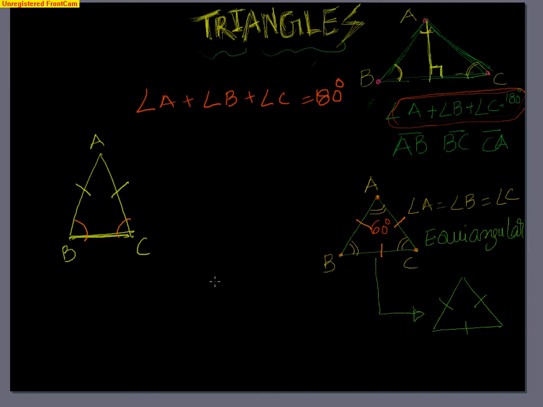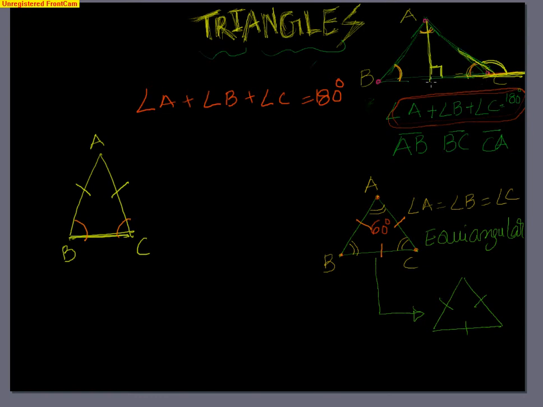Now remember this, we are going to do some problems on this. First property is the sum of all the angles of a triangle is 180 degrees, and all these angles, by the way, are known as internal angles. Okay, you know exterior angle, right? We have discussed exterior angle is nothing but if you take a side and extend it, then the angle the extended side is making with the adjacent side of this particular side.